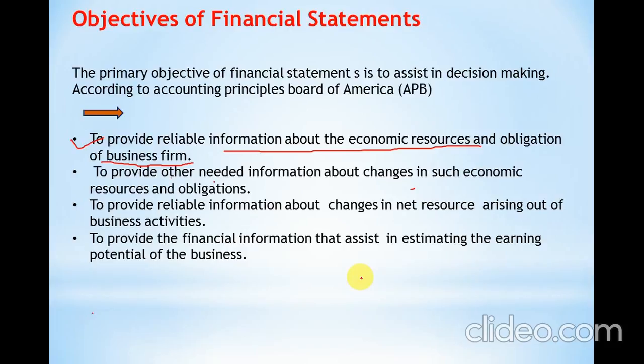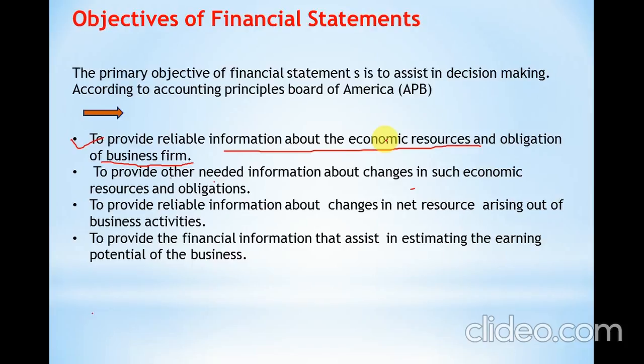Overall, the financial statements provide information about the economic resources. The next point is to provide other needed information about the changes in economic resources, in which resources changes have occurred.